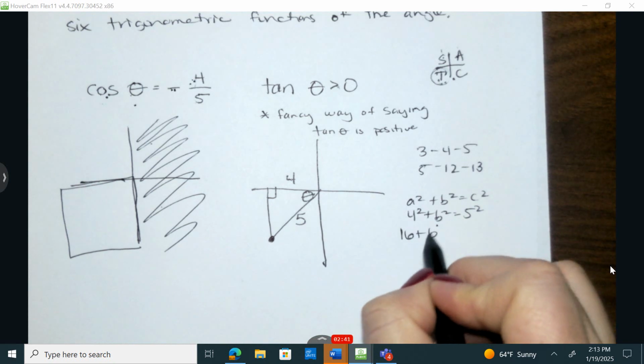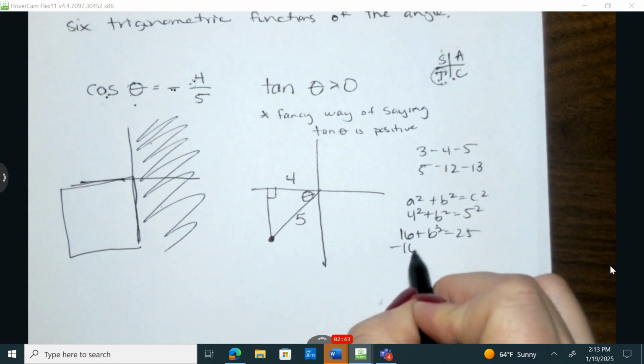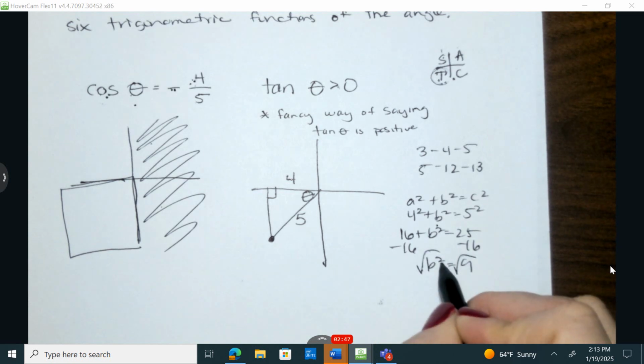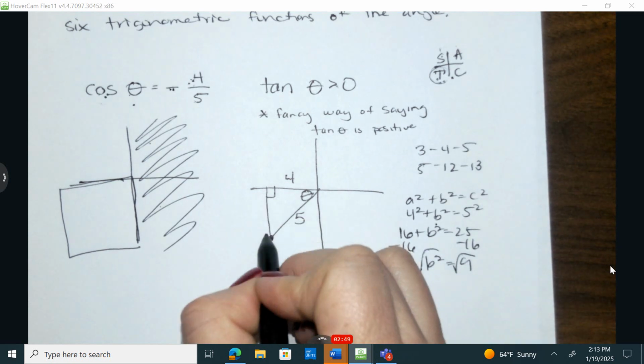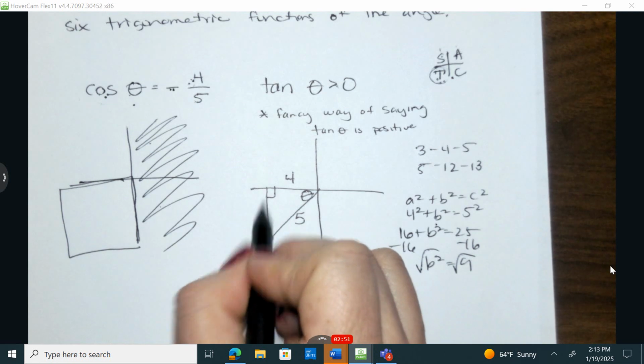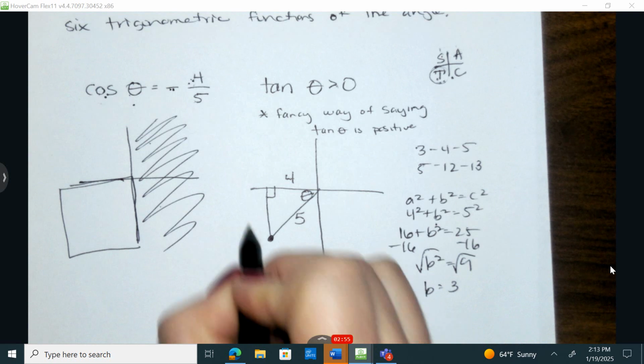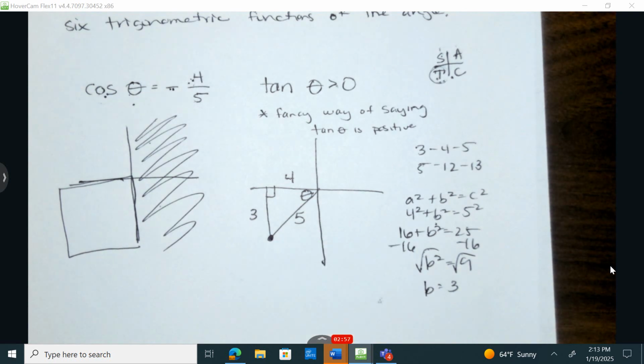So 16 plus b squared equals 25. I'm going to subtract 16 to the opposite side and take the square root. Yes, there should normally be a plus or minus, but since I am using this value to identify a missing length, I know that a length will always be positive. So the missing length is 3.